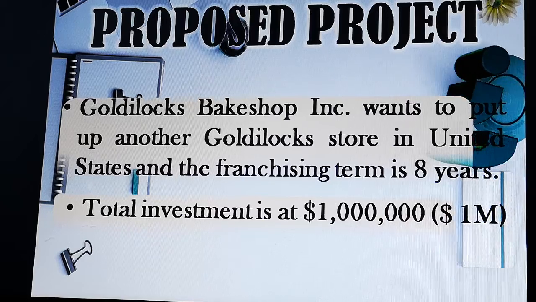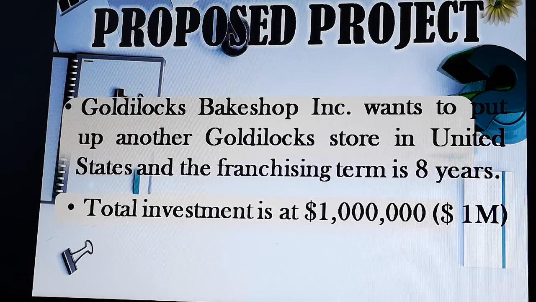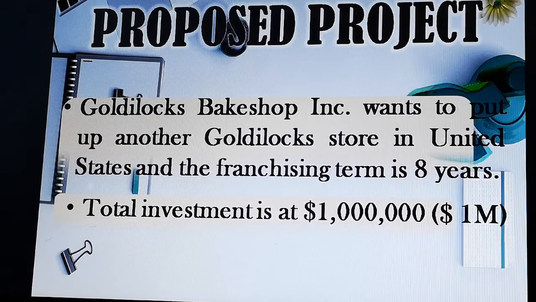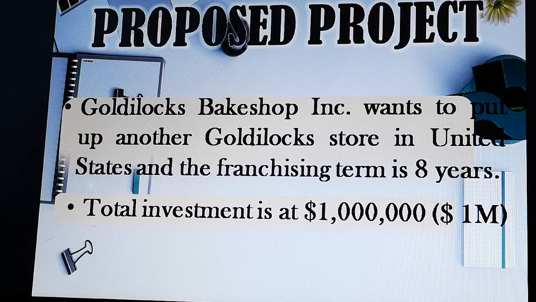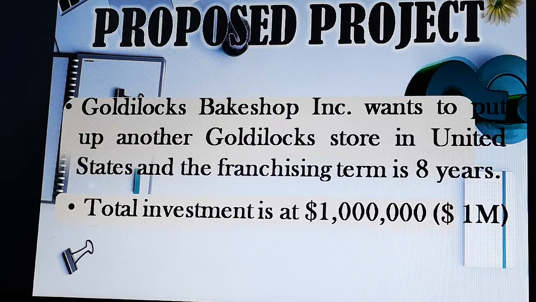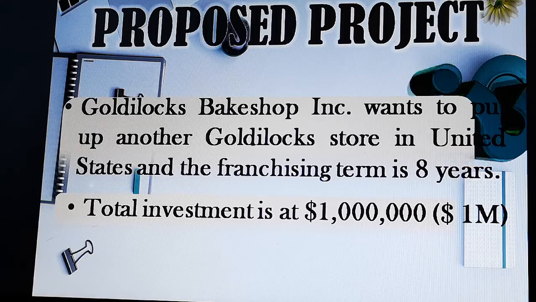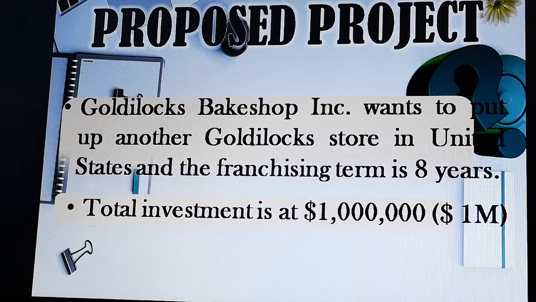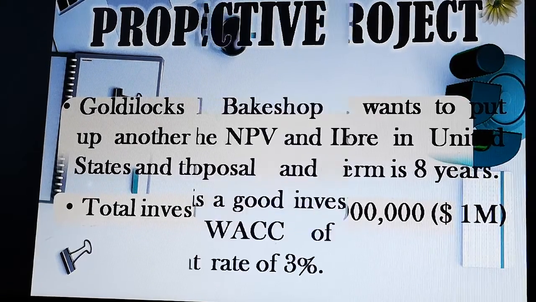So let's have here a project proposal. Goldilocks Bake Shop Incorporated wants to put up another Goldilocks store in United States, and the franchising term is 8 years, with a total investment of $1 million.